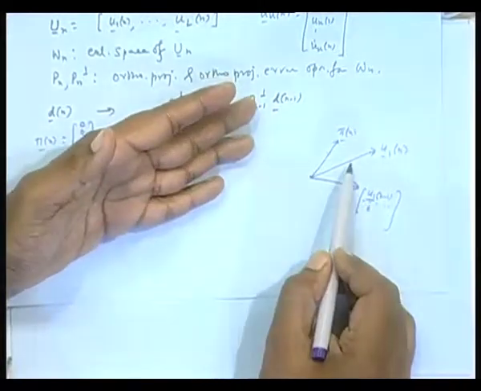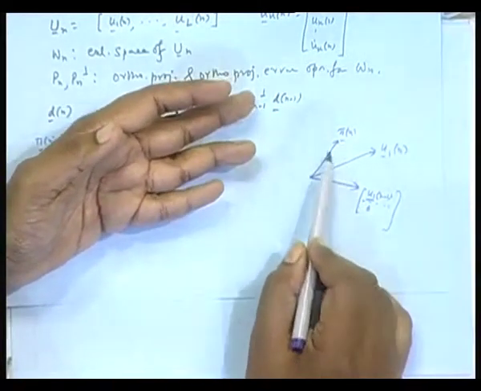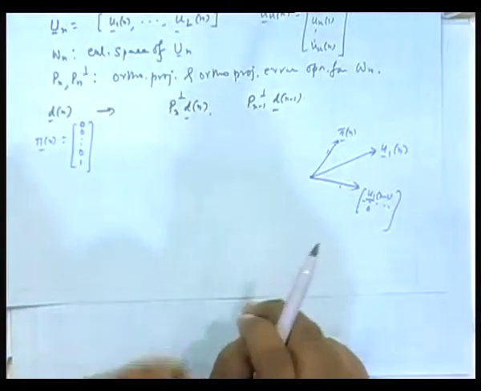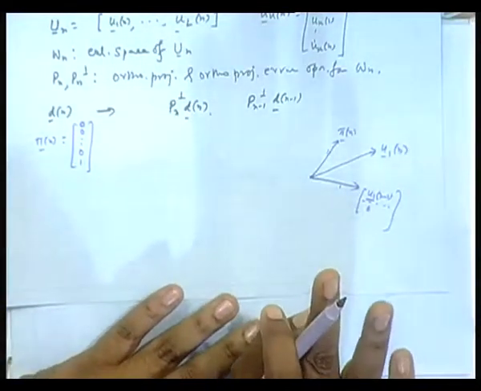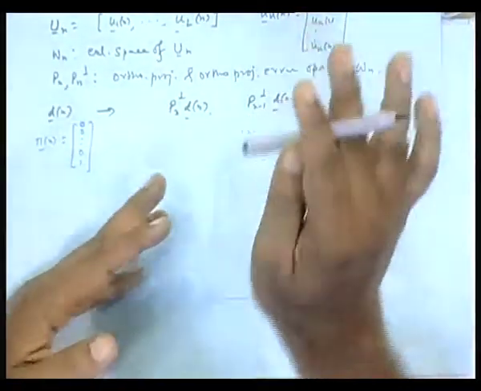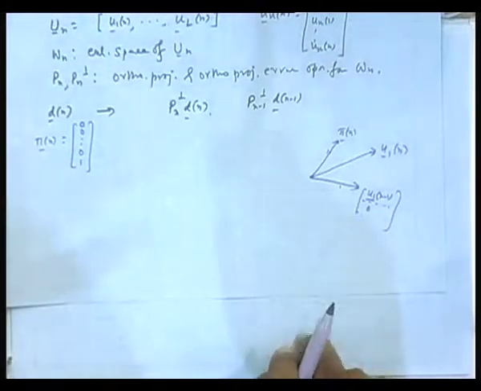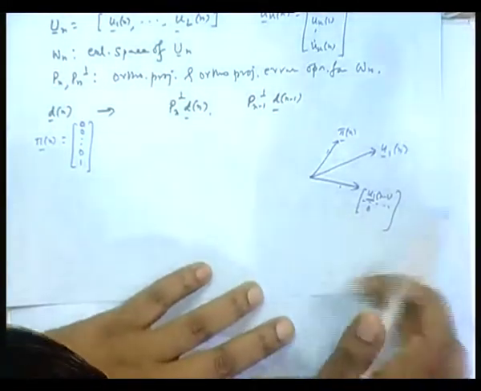So definitely this appears to be in the same plane which contains these two. Plane means space. Okay, in general not. Three vectors pointing in three different directions, so one is not in the plane containing the other two, or space containing the other two. Okay, in general, but here it will not be. I explained that yesterday.